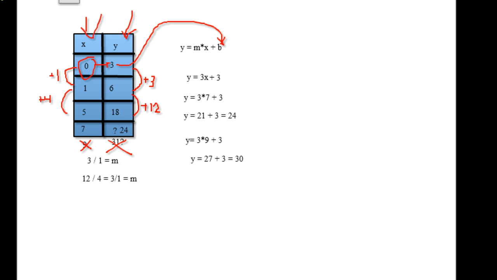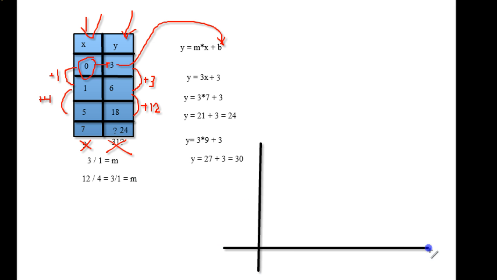Okay, so now also another interesting fact is that if we were to graph this out over a coordinate plane, okay, our first dot, well, let's say we actually make our coordinate plane, so let's say 1, 2, 3, 4, 5, 6, 7, 8, 9.